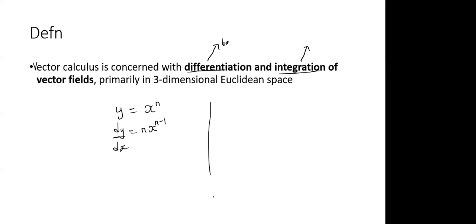But also we know that with integration, when I have a function x^n, when I integrate, I get the integral of x^n with respect to x. So when we integrate, our power increases by 1, and then you divide by the new power, then plus the constant of integration. So that is the small knowledge on integration and differentiation.